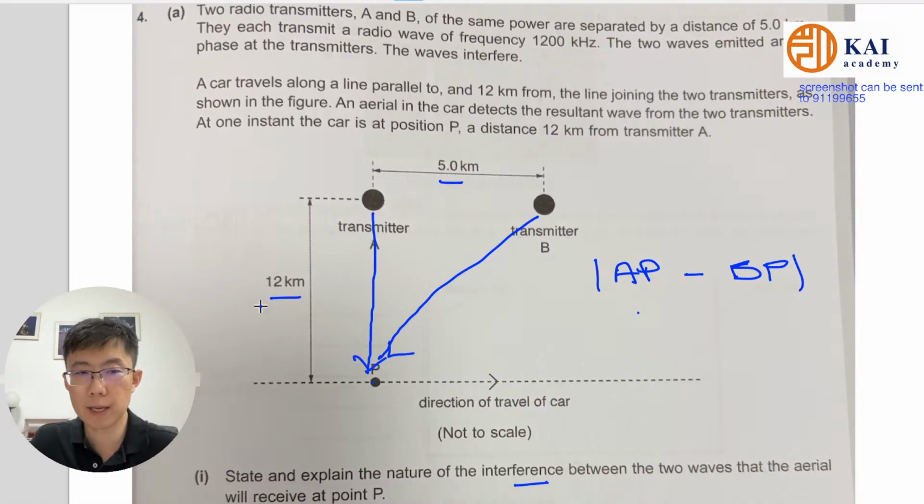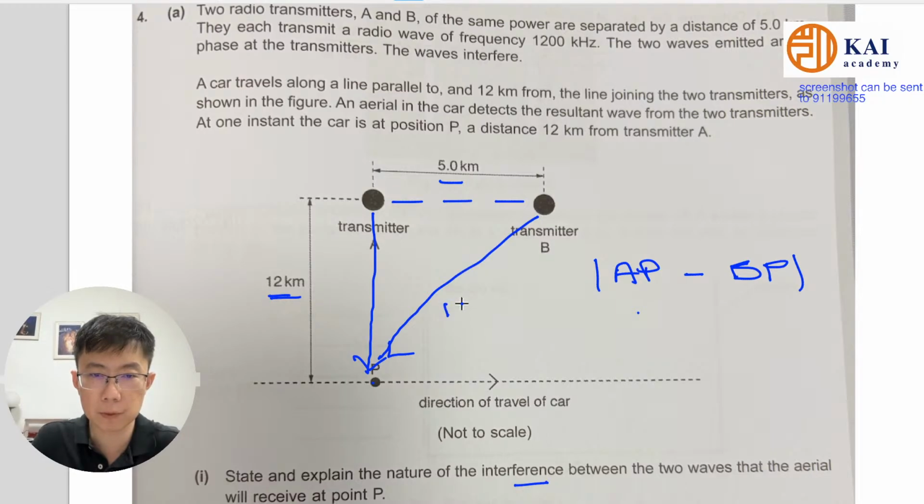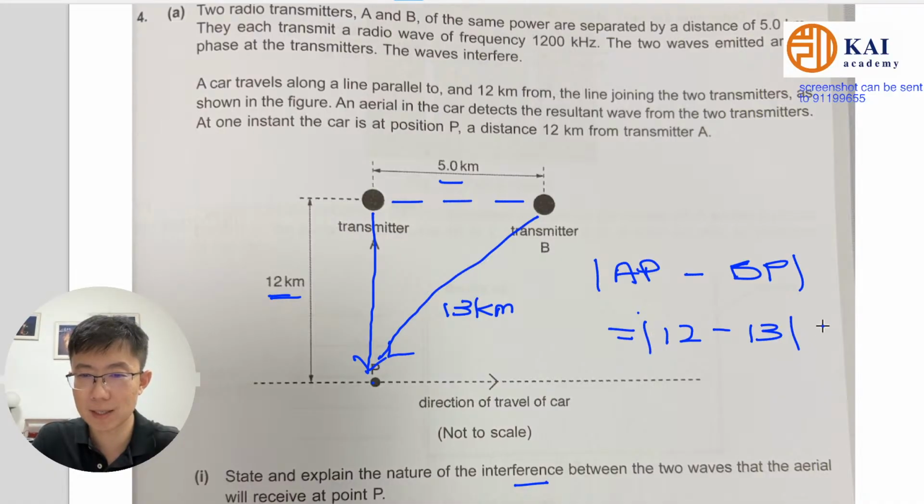Since this is 5 km and this is 12 km, if you do Pythagoras' theorem, since geometry is very common in these questions, you will get 13 kilometers from B to P. So AP minus BP is the modulus of 12 minus 13. The path difference, usually written with the symbol delta x, is equal to 1 km.